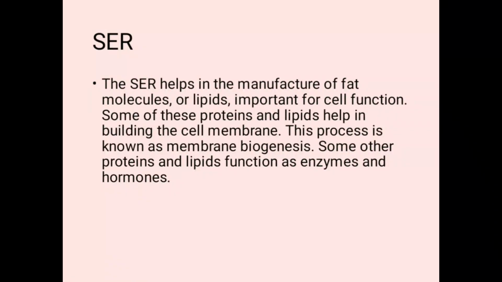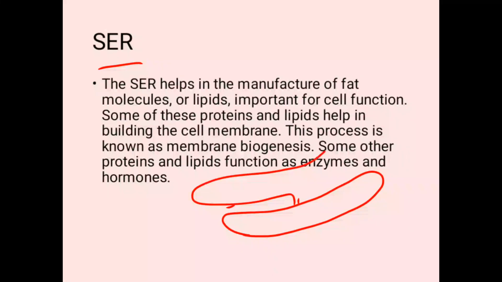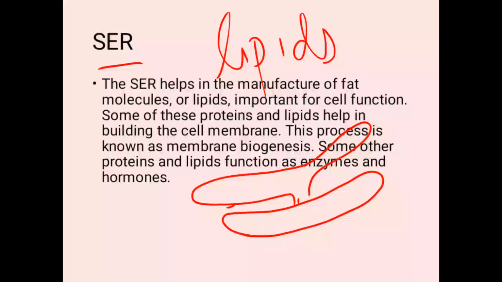Next one is the SER, smooth endoplasmic reticulum. Smooth refers to this endoplasmic reticulum not having any ribosomes on its surface. Because of that, what is it synthesizing? Lipids. With the help of lipids, we get hormones.